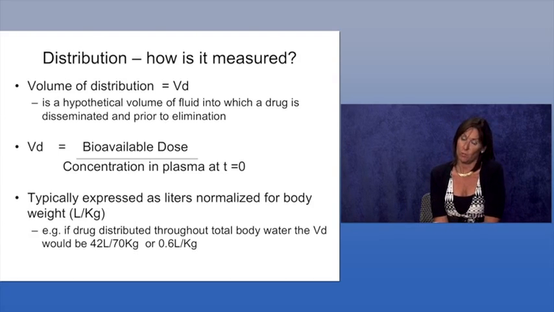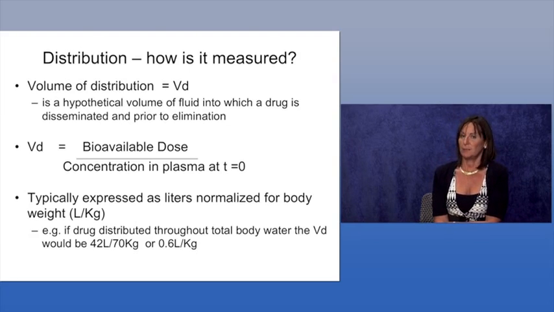Remember we said total body water was 42 liters, those three functional compartments added together, divided by what is thought to be a typical male body weight, 70 kilograms. I think we might be a little bit off in our estimate there. So 42 liters divided by 70 kilograms, more easily represented as 0.6 liters per kilogram.